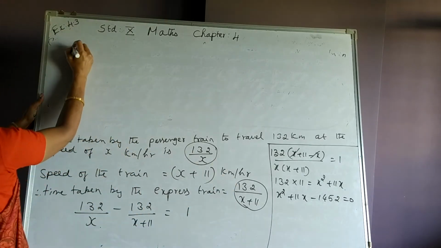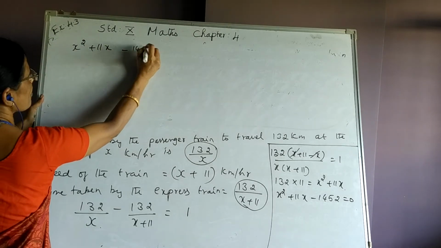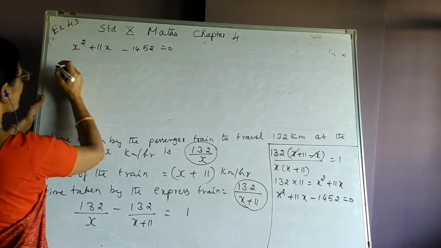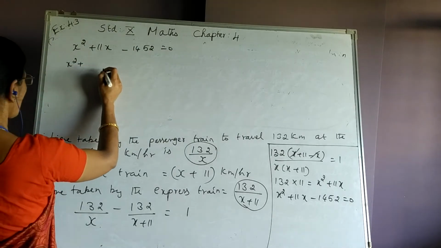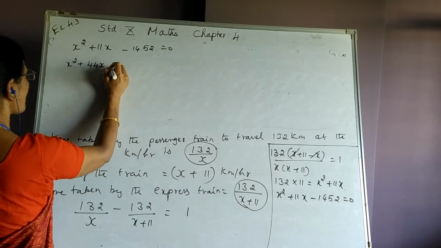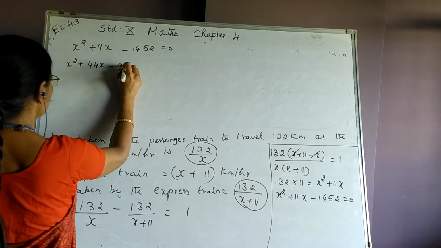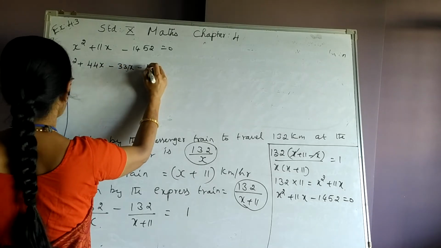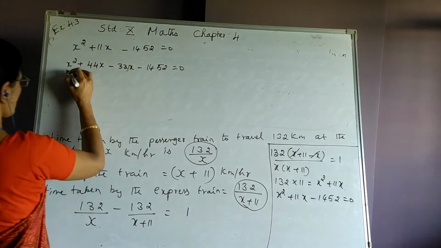So the factors are, I write the equation again, x square plus 11x minus 1452 equal to 0. The factors are x square plus 44x minus 33x minus 1452 equal to 0.